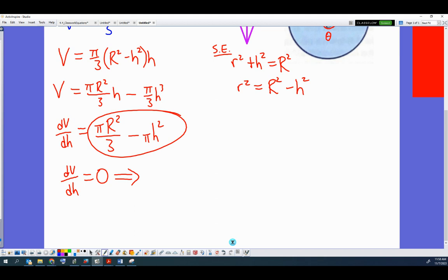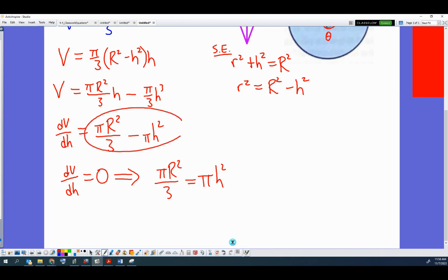And when that's equal to 0, I would just add the negative term to the other side, right? So I'd get pi big R squared over 3 equals pi h squared, right? So I'm setting this equal to 0, and this is my resulting equation from that. So on the AP exam, that's what they're going to be looking for, right?